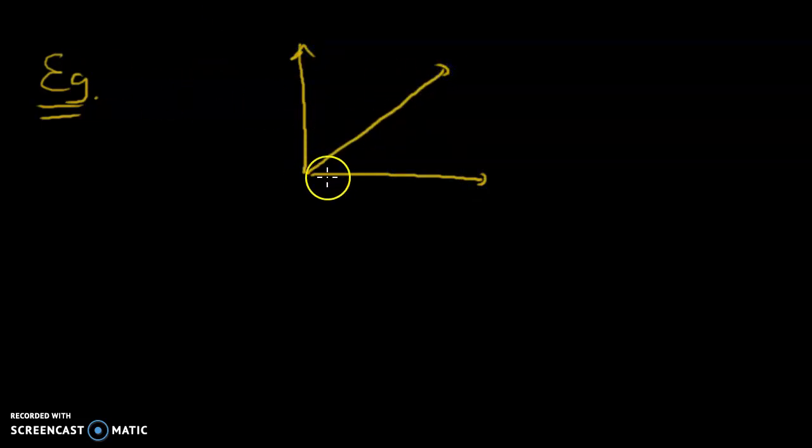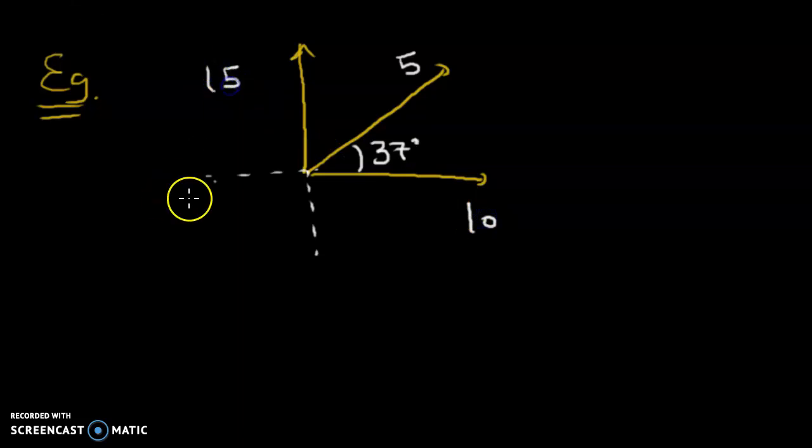Even with diagrams, say I give you three vectors, with x and y axes. One vector makes an angle of 37 degrees, and the magnitudes are 5, 10 and 15. Can I resolve the first vector into two parts? Yes.